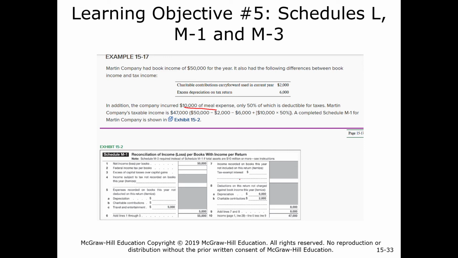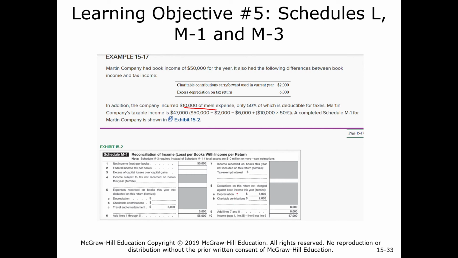On this side, we have items that we recorded on our books but that we're not reporting on our tax return, or deductions that we don't have for book but we have for tax.